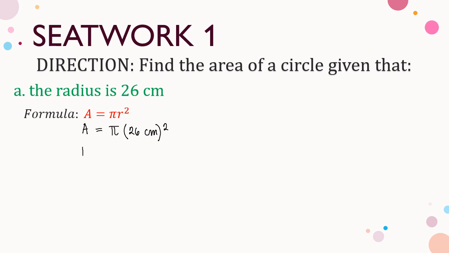Now let us simplify further. What is 26 squared, or 26 times 26? That is 676, and centimeter times centimeter, so we have centimeter squared. I would like to suggest that we multiply 676 with the approximate value of pi, which is 3.1416.